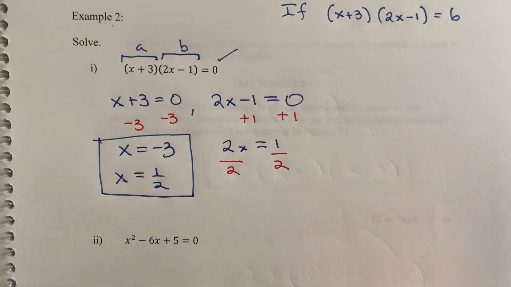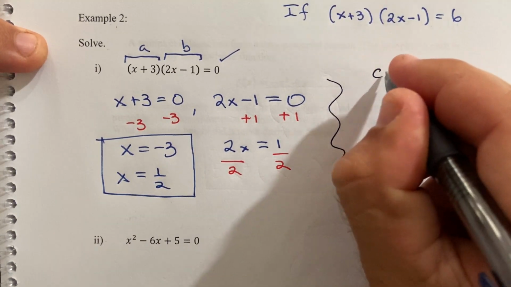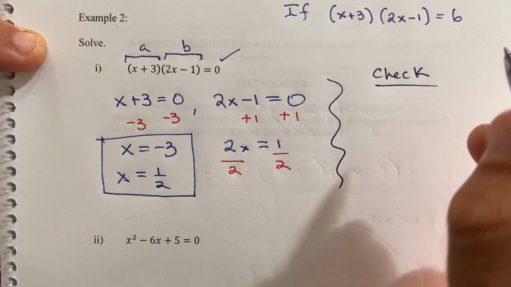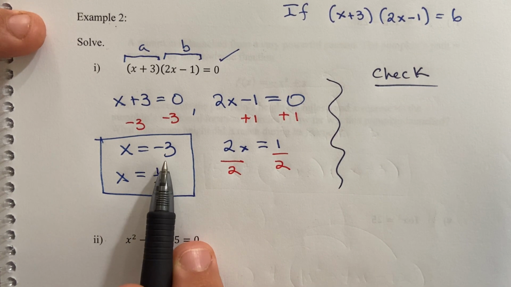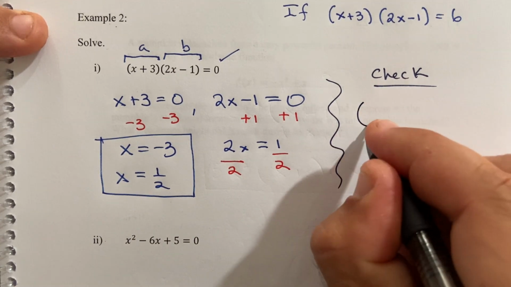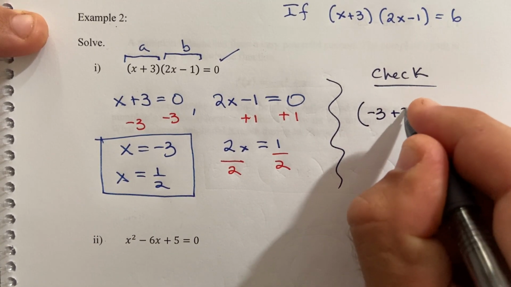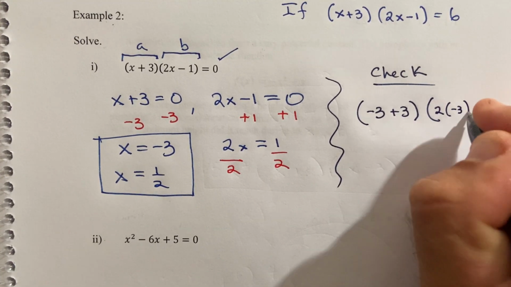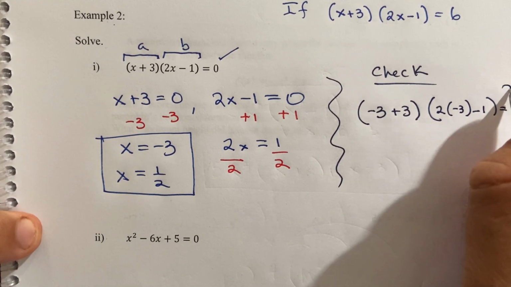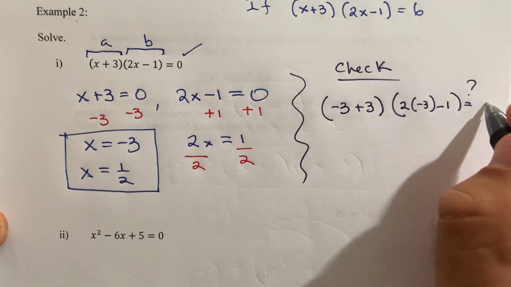Keep in mind you can always check these, right? You can plug these back in. So I'll go ahead and do that. Let's just check one of them, but they both should work, but I'll just check the -3. So is it true that -3 plus 3 times 2 times -3 minus 1 equals 0?